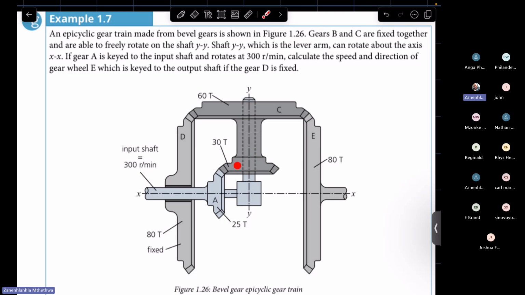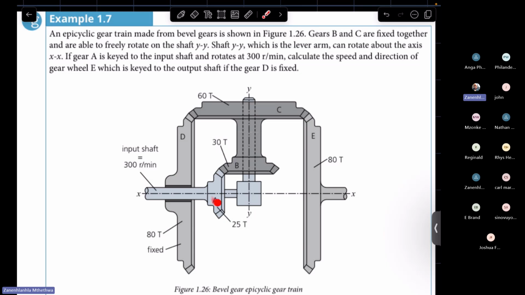Now gear B, because it is compounded with gear C, we inadvertently consider it as being part of the epicyclic gear system as well, because whatever speed and direction C is rotating at, B will rotate in the same direction and at the same speed. But gear A is not necessarily part of the epicyclic gear system made of bevel gears.